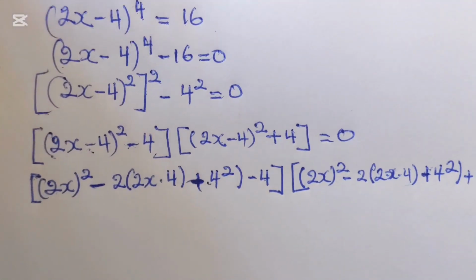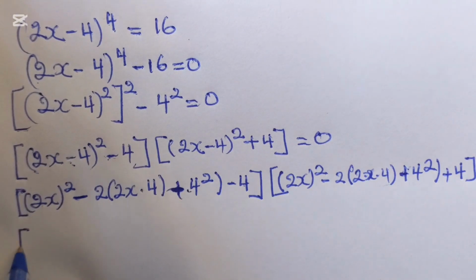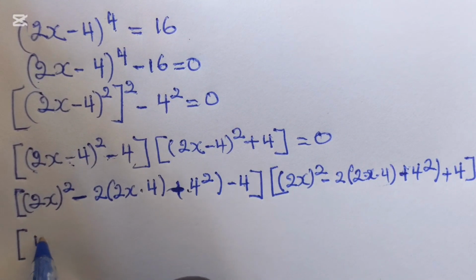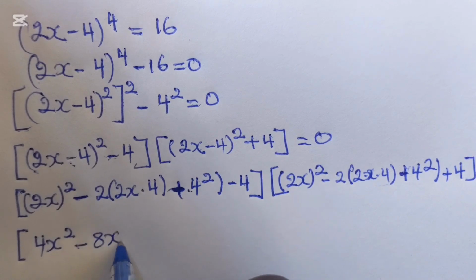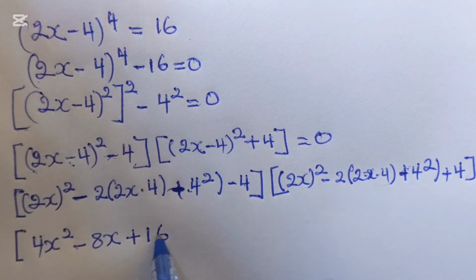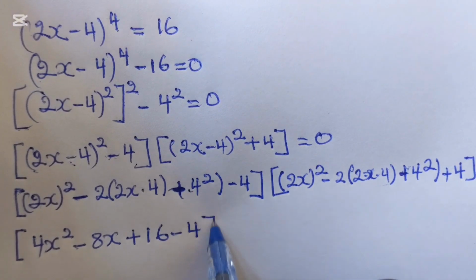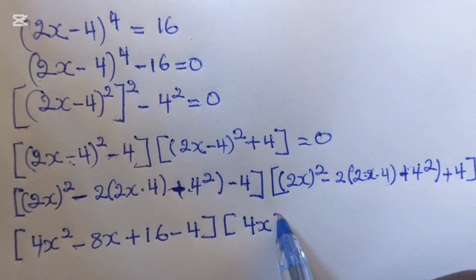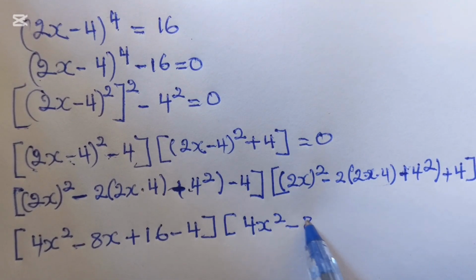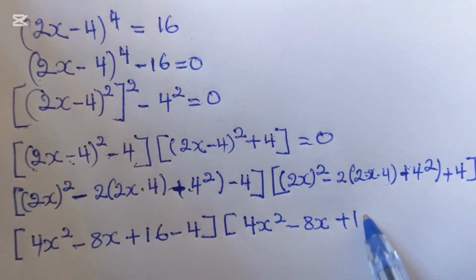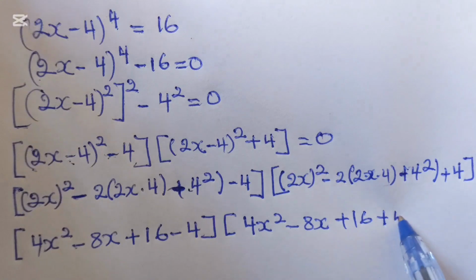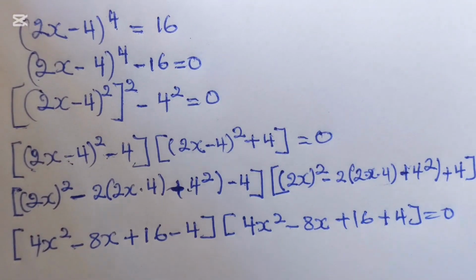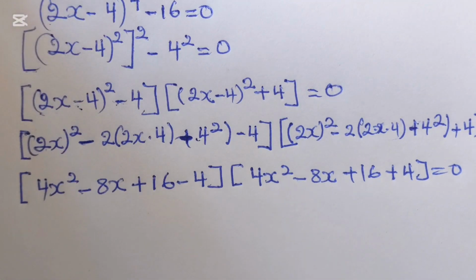Now what we have on this side is 4x^2 - 8x + 16 - 4, and here we'll have 4x^2 - 8x + 16 + 4 = 0.